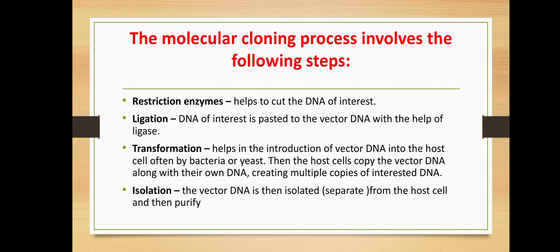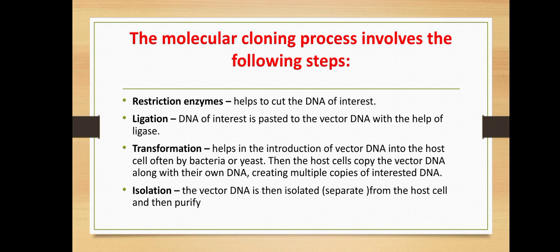Ligation. DNA of interest is fastened to the vector DNA with the help of ligase. Next, transformation helps in the introduction of vector DNA into the host cell, often bacteria or yeast.